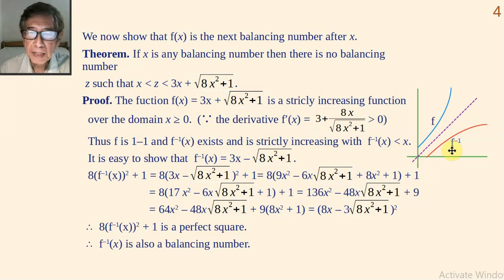It comes from the fact that this function f(x) is always greater than x. So you have the result f inverse x is always less than x because it's a reflection of the graph of f in the 45-degree line.